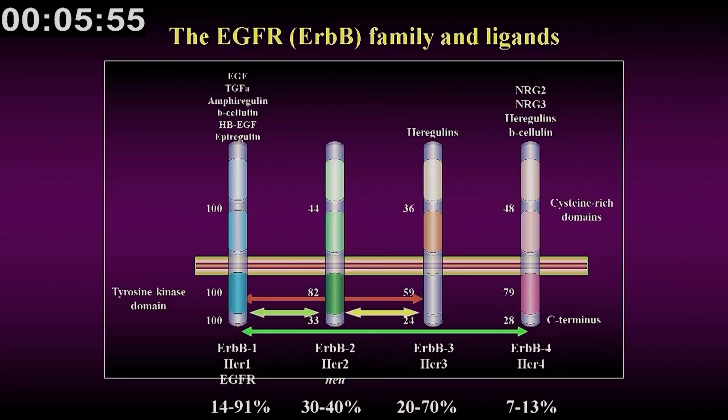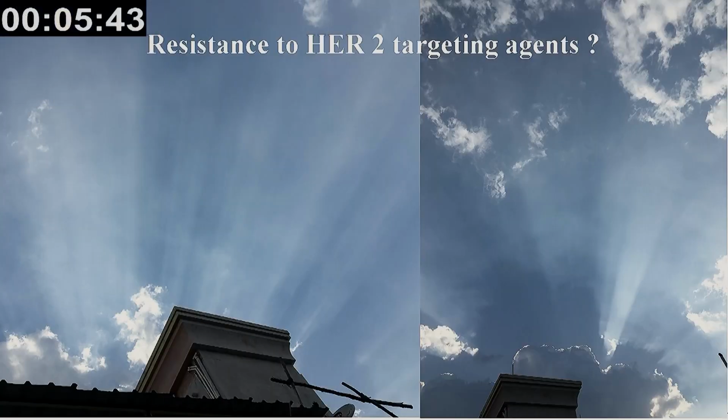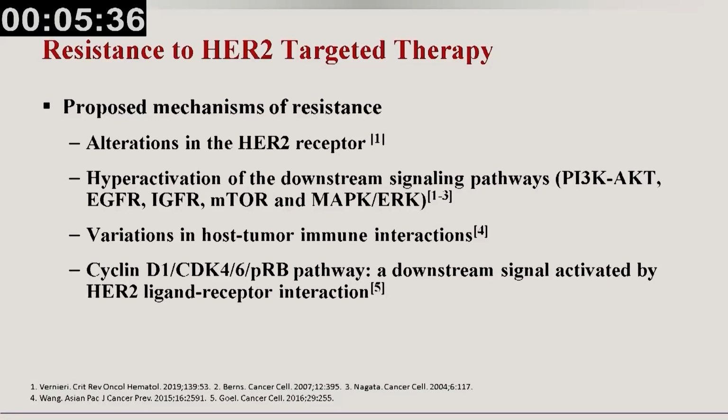So again, just to remind you of the EGFR or the HER2 family, and as I showed you with all the drugs that we have an advantage, but like most drugs that we use, we see resistance happening. So how do we look at these resistance pathways? We have understood that this could be because of alteration in the HER2 receptor.